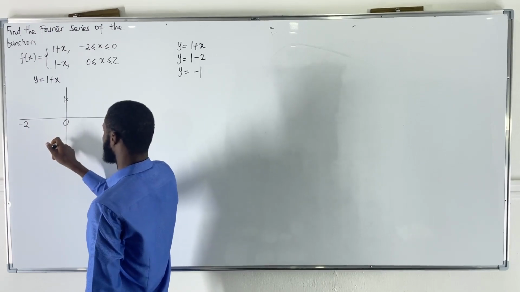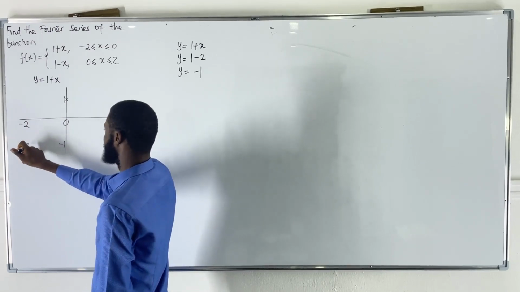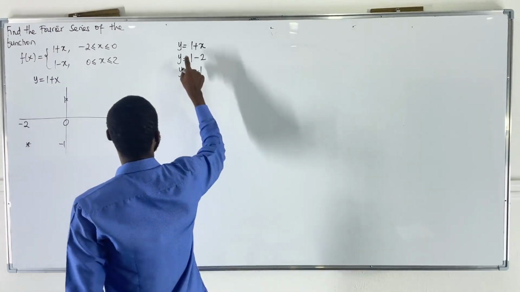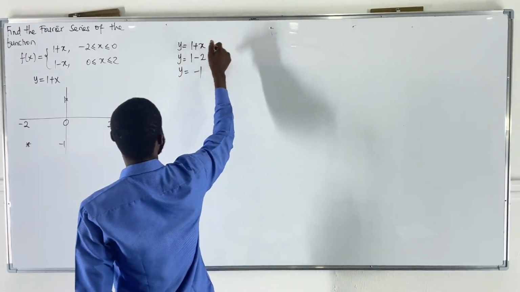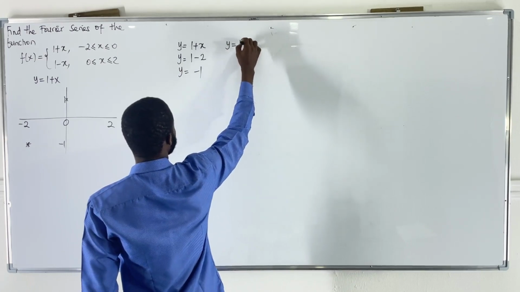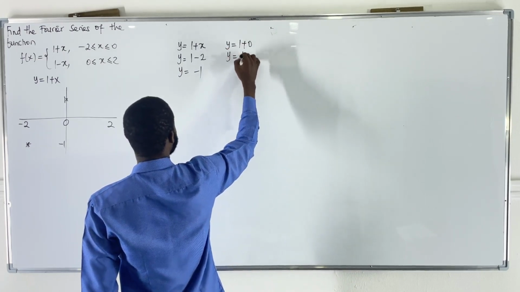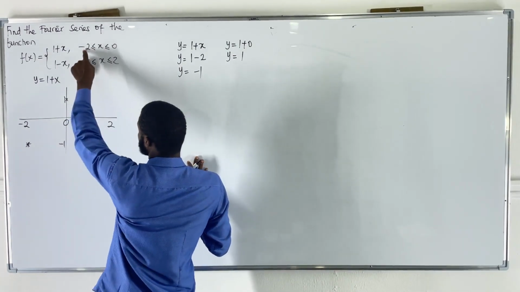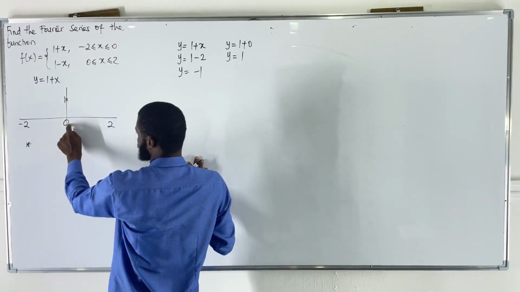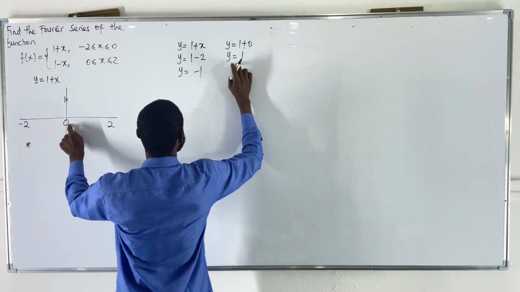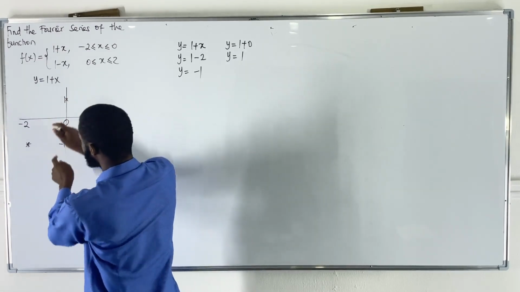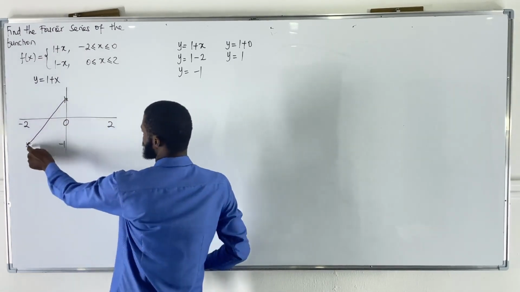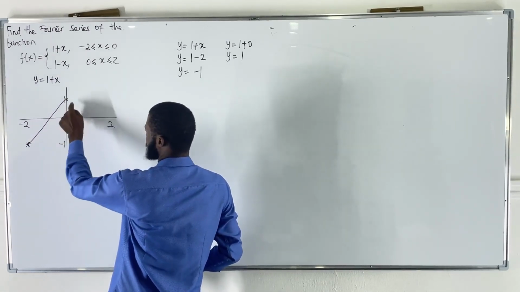So that's the point. Then when x is 0, y is 1 plus 0, so y will become 1. So I have it here, and these 2 points will connect themselves.